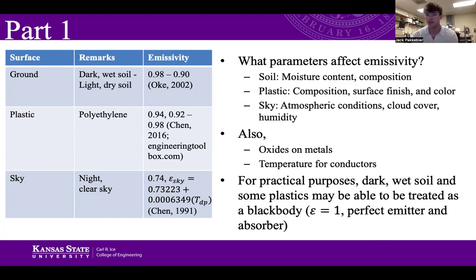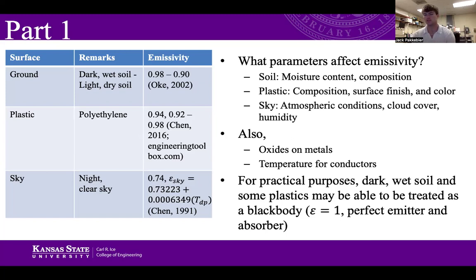For the sky, atmospheric conditions, cloud cover, and humidity can affect the emissivity values. Also for surfaces not listed here, like metals and some conductors, metal emissivity can change based on the shininess. If you have an oxide forming, like rust on metal, or the patina on copper, like the Statue of Liberty, that will affect the emissivity. Also, temperature can affect the emissivity for conductors.